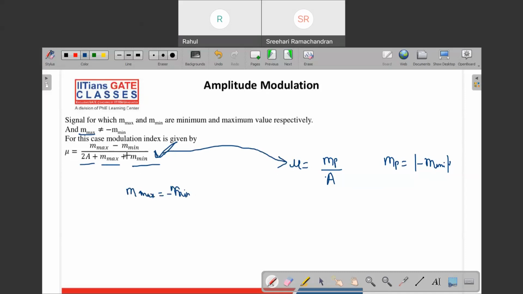You can check it: the m max plus m minimum part becomes 0 because m max is equal to minus m minimum, so you are left with 2A in the denominator, and in the numerator you can directly write it as 2 times mod of m max or m min. So this will finally transform to this value. This is the generalized formula for the modulation index, m max minus m minimum divided by 2A times m max plus m min.